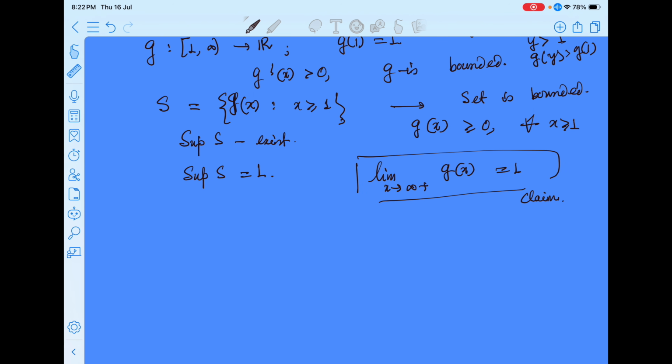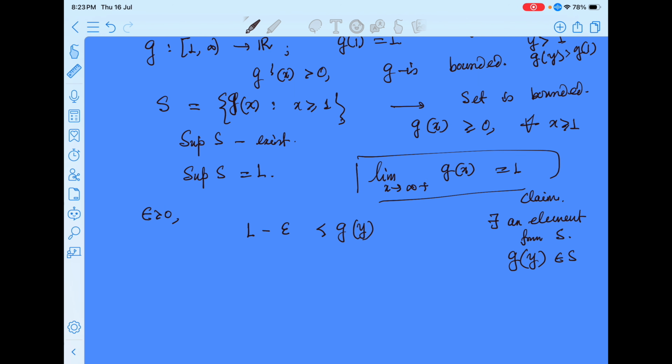I will show that. So let us choose an epsilon, epsilon positive. By the definition of supremum, for L minus epsilon there exists an element from S, let's say g(y), such that g(y) is strictly bigger than L minus epsilon.